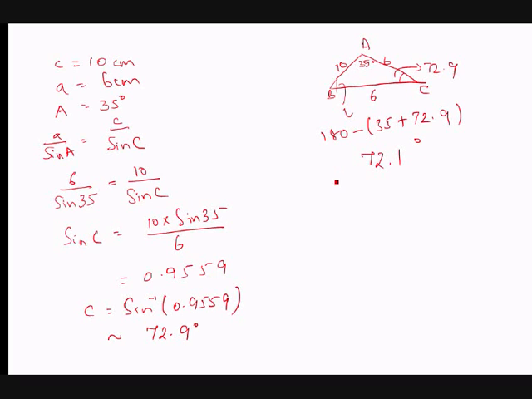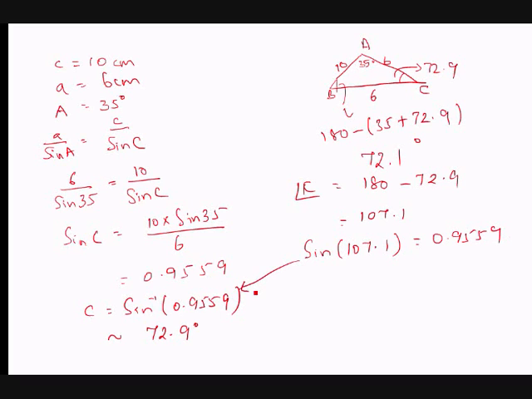I also have another possibility with angle C. I can also have angle C as 180 minus 72.9, which is equal to 107.1. If you use your calculator and find sine 107.1, it will give you 0.9559, which is the same thing as we got here. Therefore this is not the only answer. I have another answer, 107.1 for the angle.